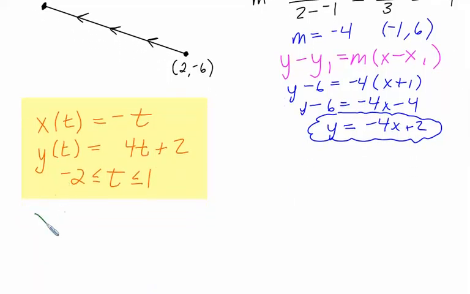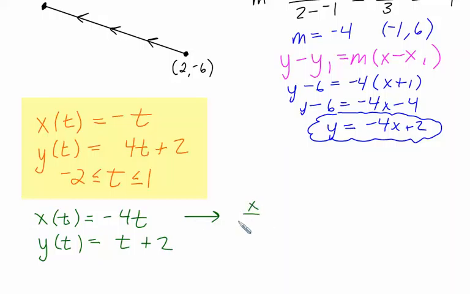So let's say that we went with x of t is equal to a negative 4t. Then in this case, y of t would be equal to just t plus 2. Because what you're thinking in this case is, oh, well then this means that x divided by a negative 4 would be equal to t.